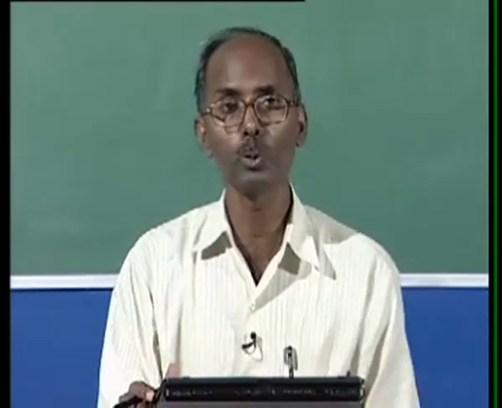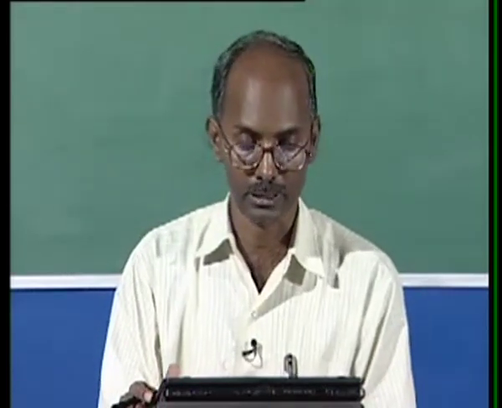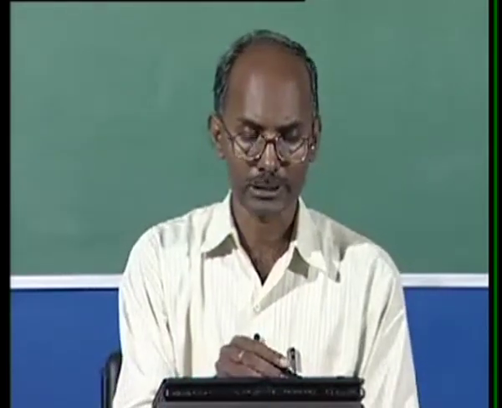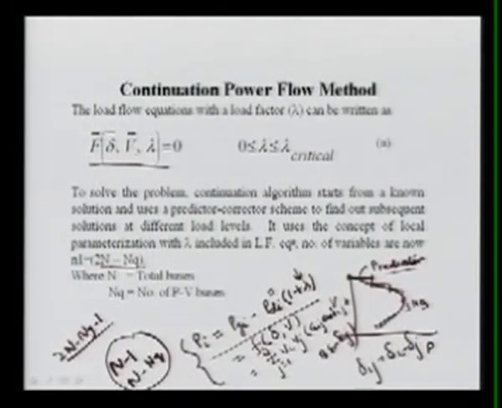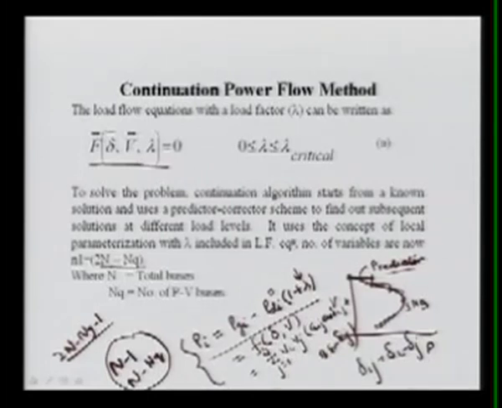In this case the number of equations is lesser than the number of unknowns. So we have to use some mechanism: we fix one value, and then we can go for the predictor and corrector methods. To solve this problem, that is f, it is nothing but your load flow equation including the load parameter, the load factor that is changing. The continuation algorithm starts from a known solution, meaning the base case where lambda is 0, and uses a predictor and corrector scheme, one predictor and one corrector, to find subsequent solutions at different load levels.